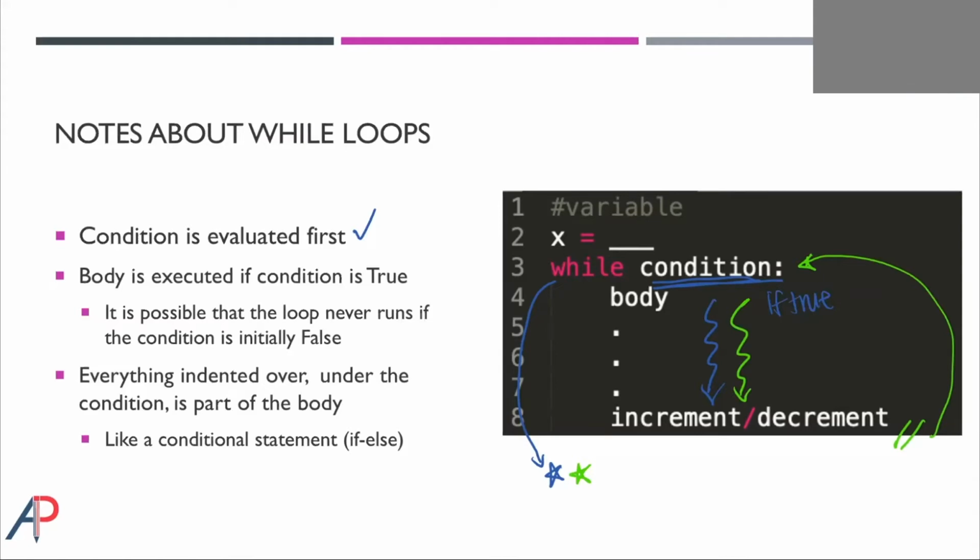The structure of a while loop is very similar to an if statement. Everything that's indented over is part of your body, the code block that you have to execute in the case your condition is true, just like with an if statement. For an if statement, you had your condition, and after that, everything indented over is your code block.